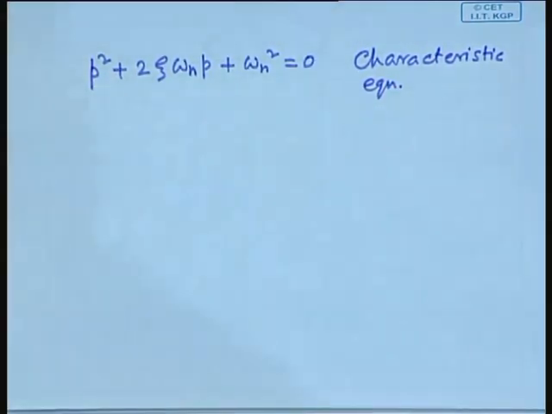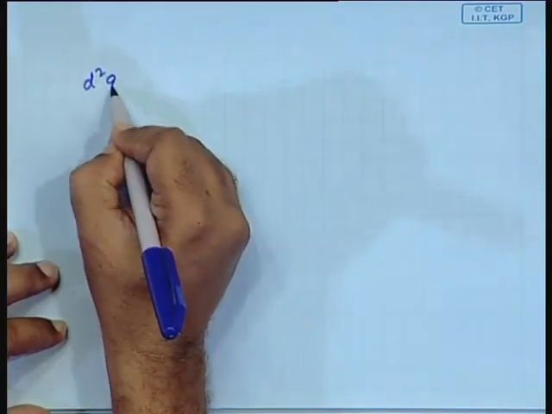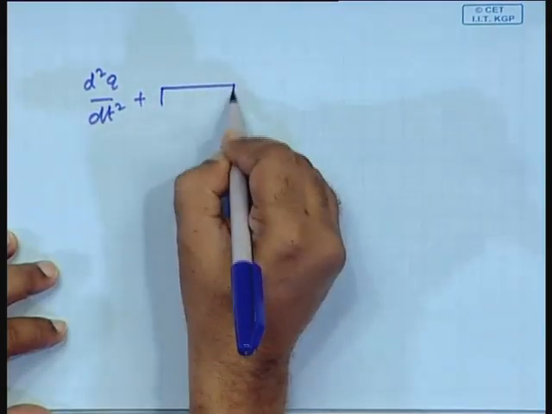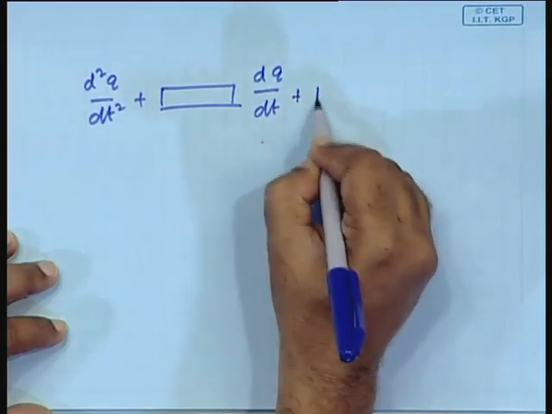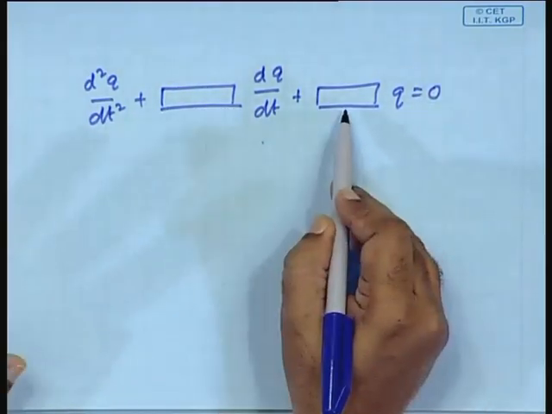So, today we are talking about second order differential equations, and we had started with something like this, d2q/dt2 plus something dq/dt plus something q is equal to 0. These somethings are numbers.